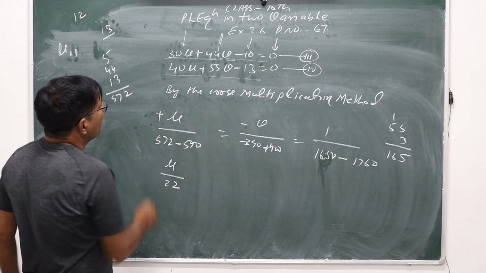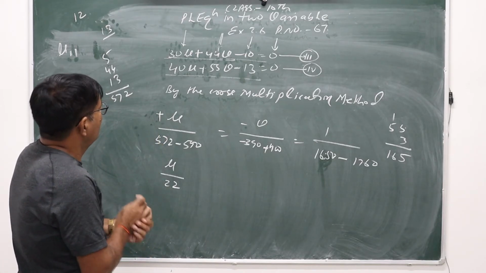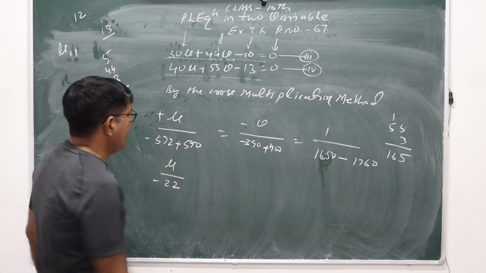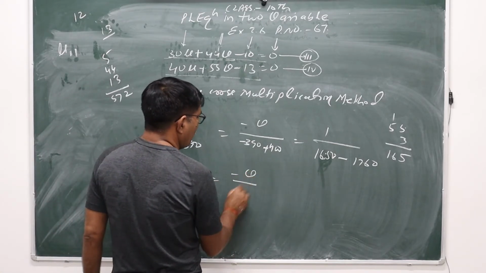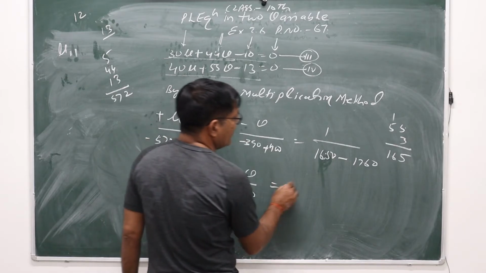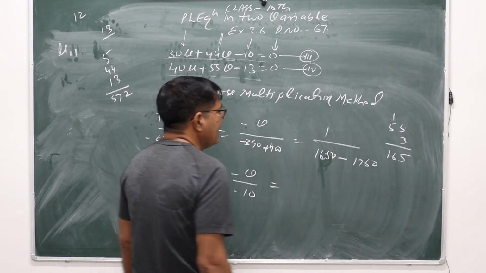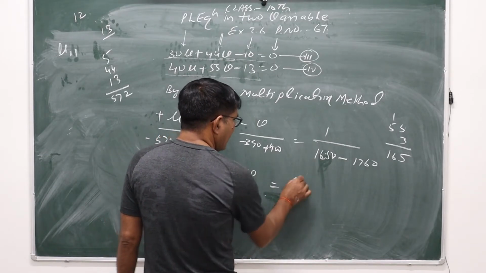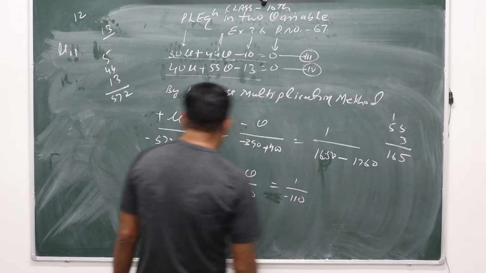Minus 22, and here minus v upon minus 10, and this will be equal to 1650 minus 1760, meaning 1 upon minus 110.